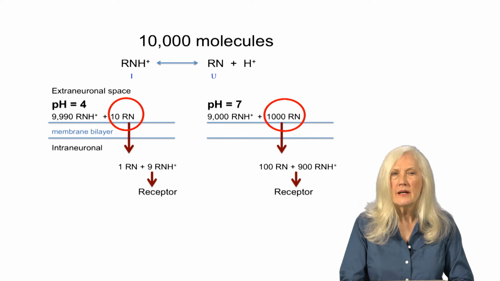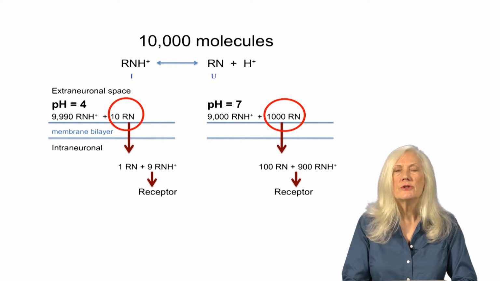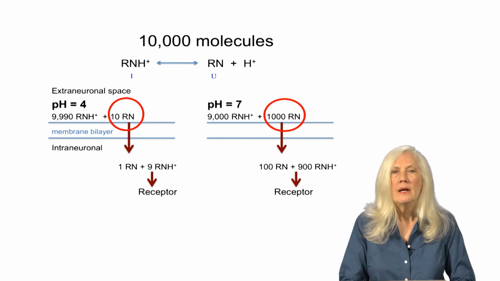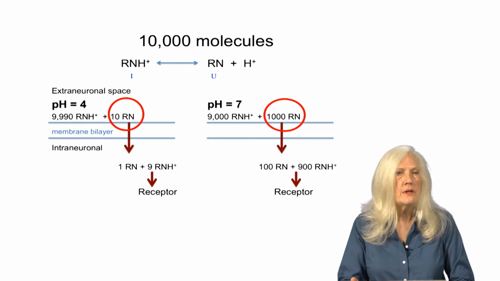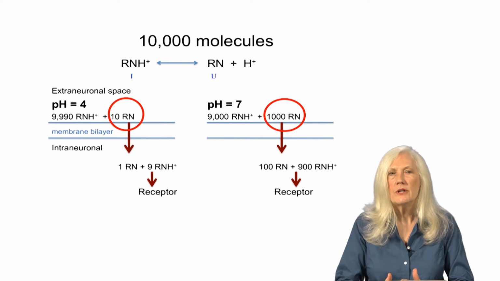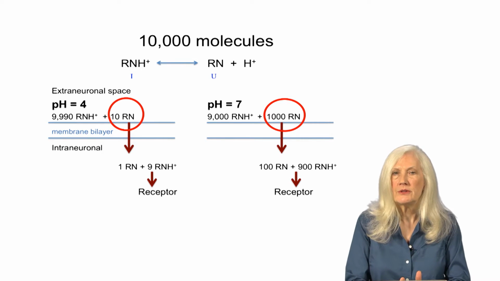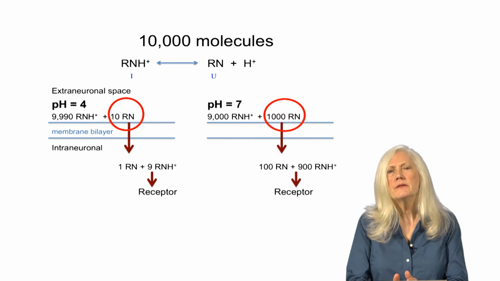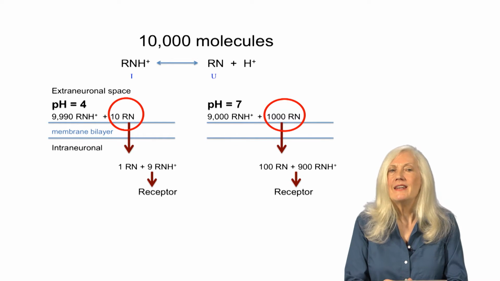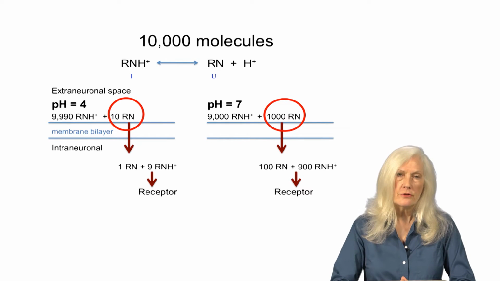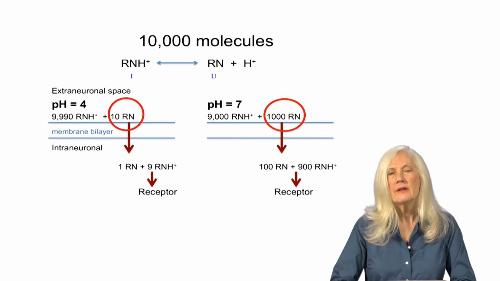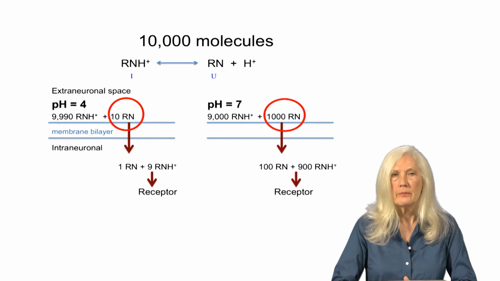Once inside the cell, the drug establishes a new equilibrium based on the pH on the inside of the cell. This pH is relatively neutral and doesn't change as much as the extracellular environment because of the buffering effect of the intracellular proteins. So inside the cell, the percent of drug in the charged form will be greater than that in the uncharged form.